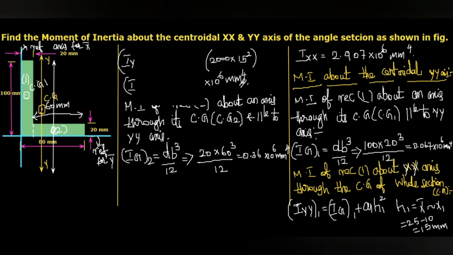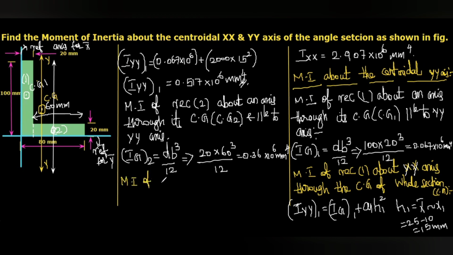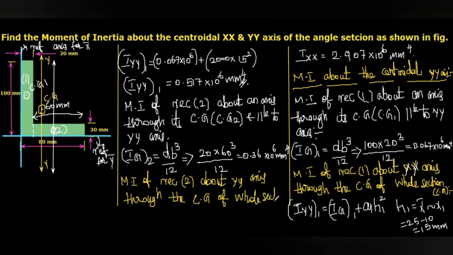Then the moment of inertia of rectangle 2 about this YY axis, which passes through the CG of the whole section.